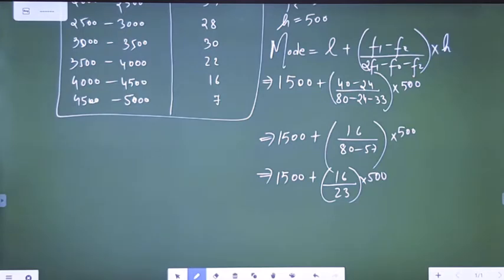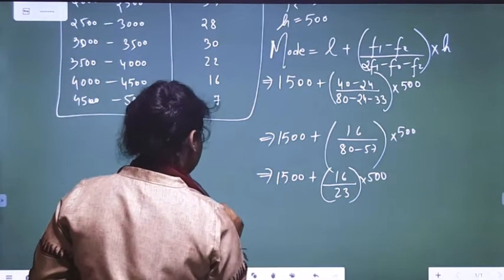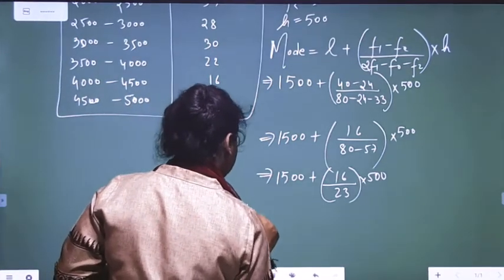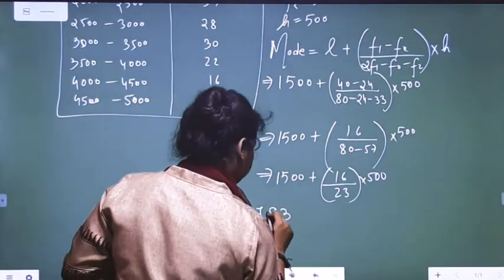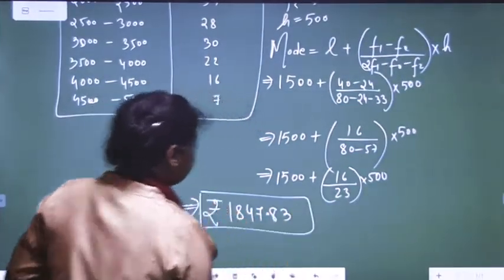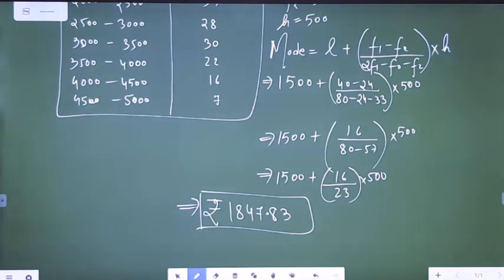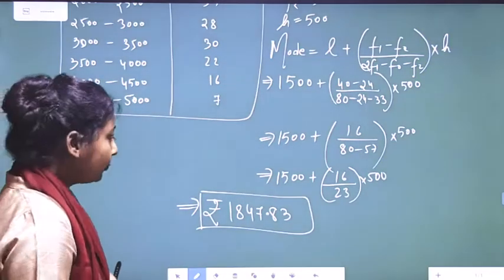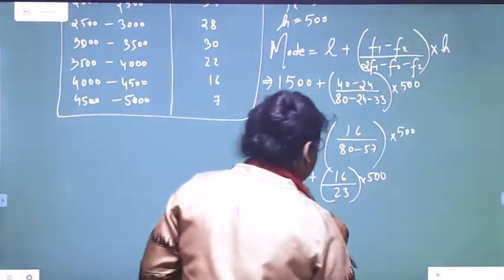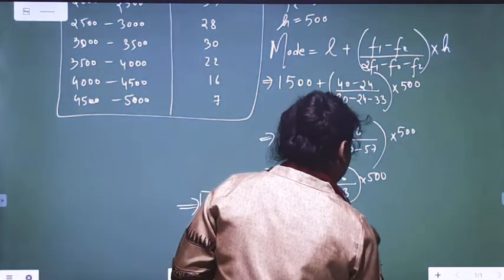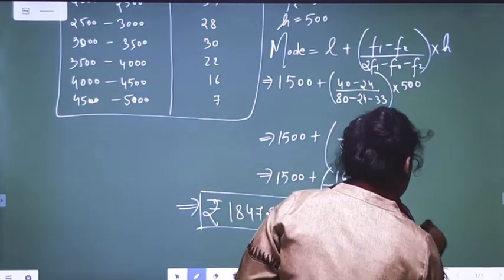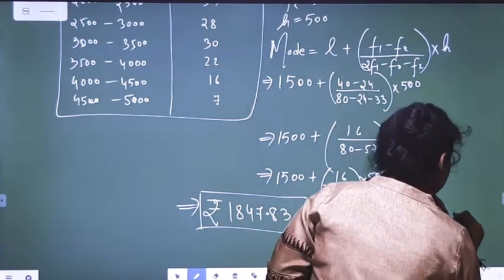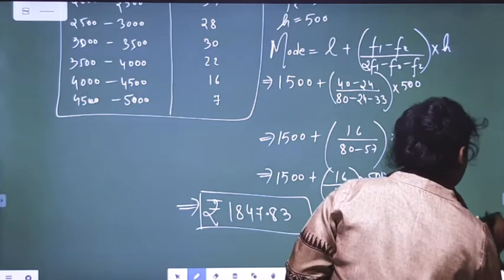On performing all the calculations, we get approximately 1847.83 rupees. So 1847.83 rupees is the modal monthly expenditure. This is our answer for the third question.